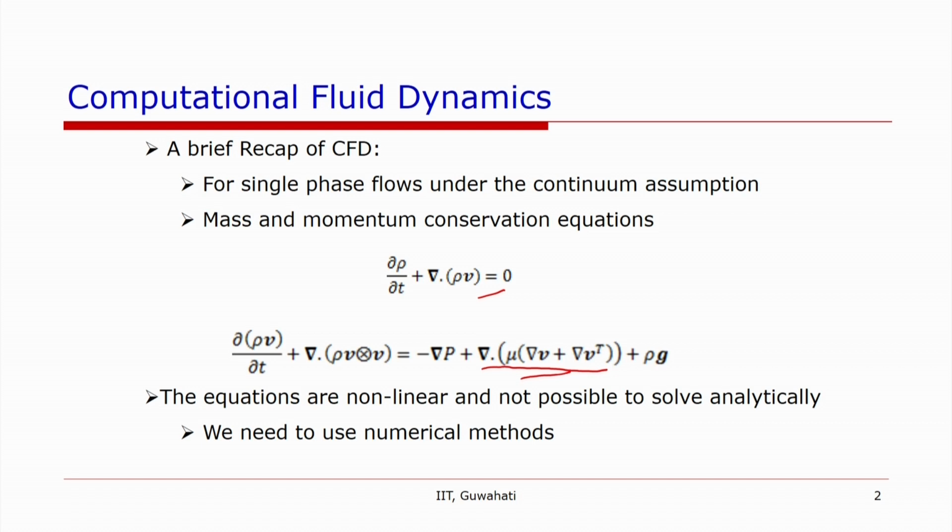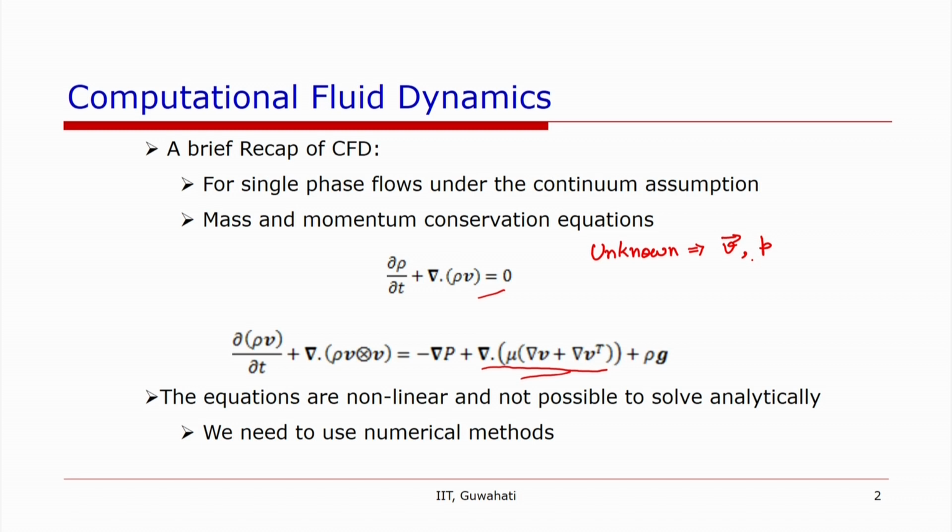In these mass and momentum conservation equations, the unknowns are the velocity vector and pressure. So, we have two equations in vector form, and we need to solve these equations to obtain pressure and velocity.